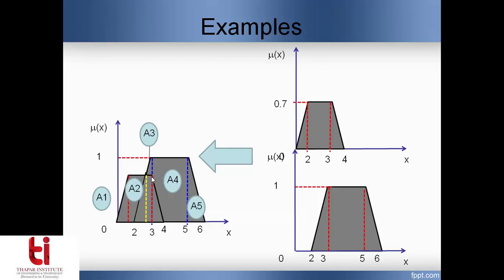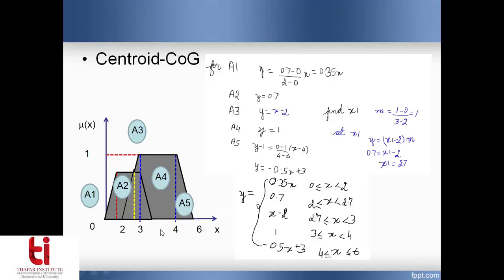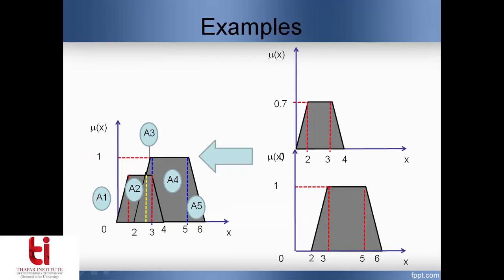Then next I have a rectangle. No, it is not extending up to this point, but it is extending to some value here. Let that value be x1, some value between 2 and 3. So this is again a rectangular structure, identified by A2.